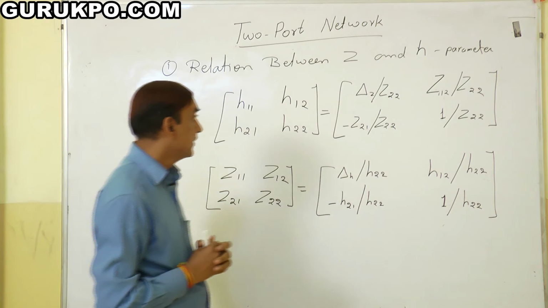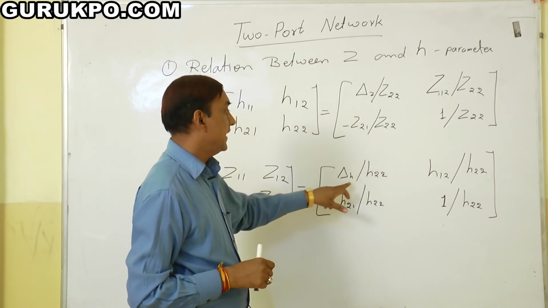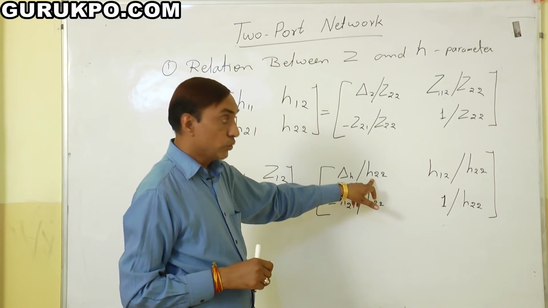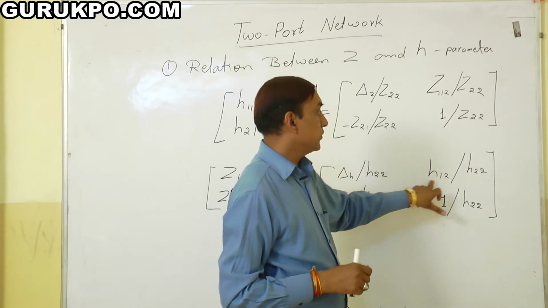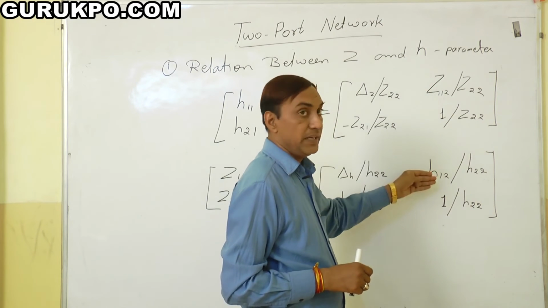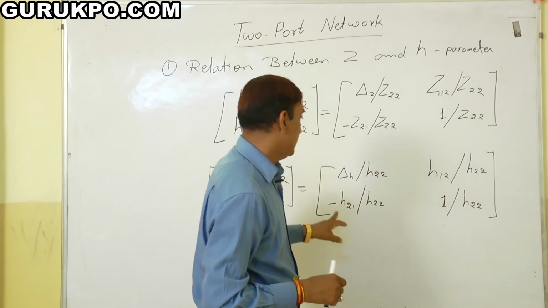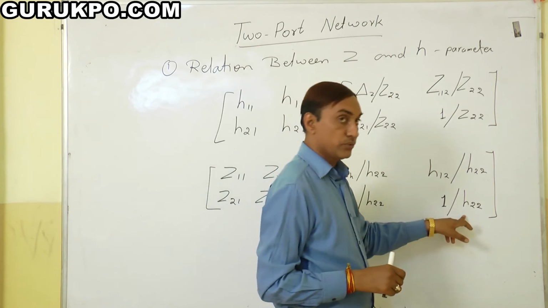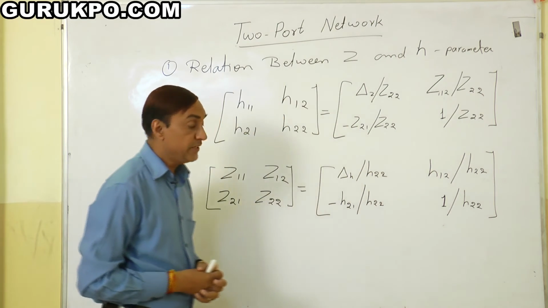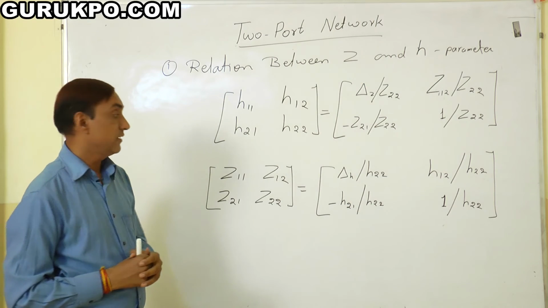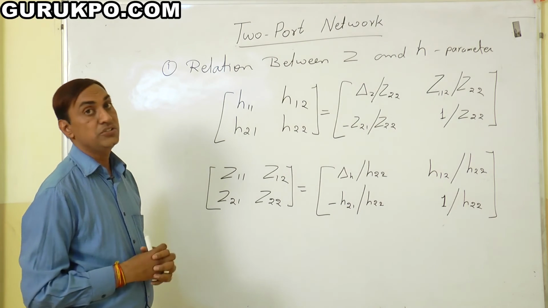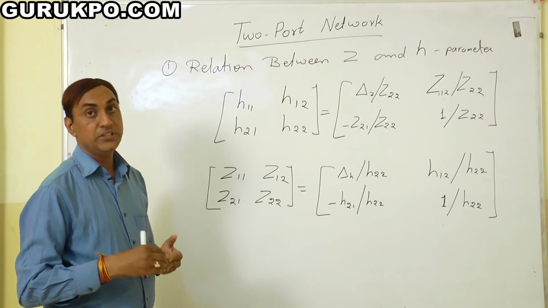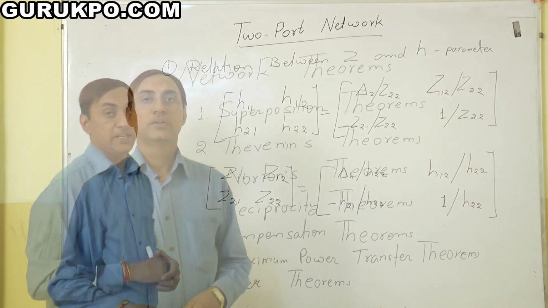Here del H, H22 and H12, H22. These are the same as per the Z parameters. Here H21, Z22, 1 over H22. These H parameters can be used for Z. That's why we can interchange from Z to H or H to Z.